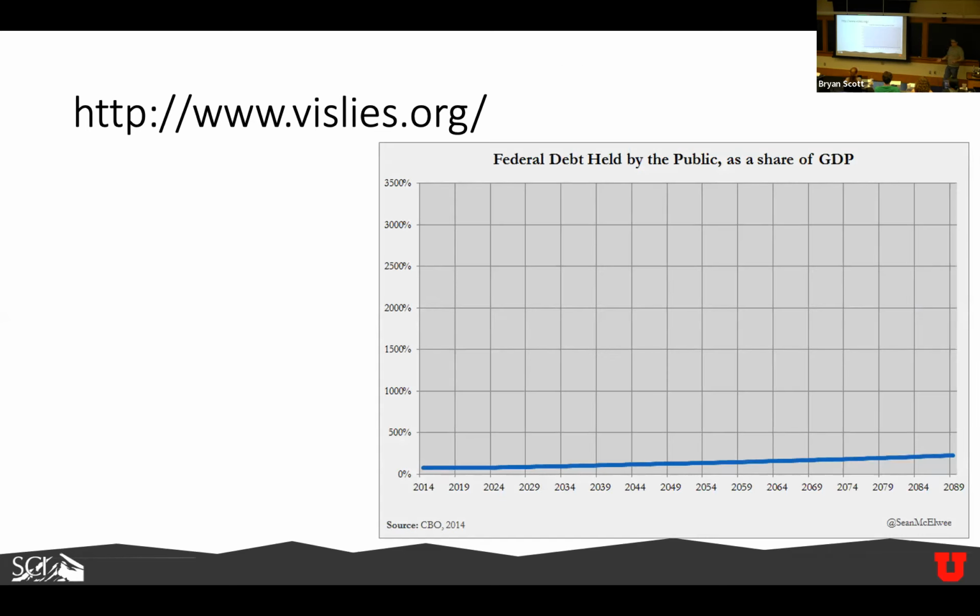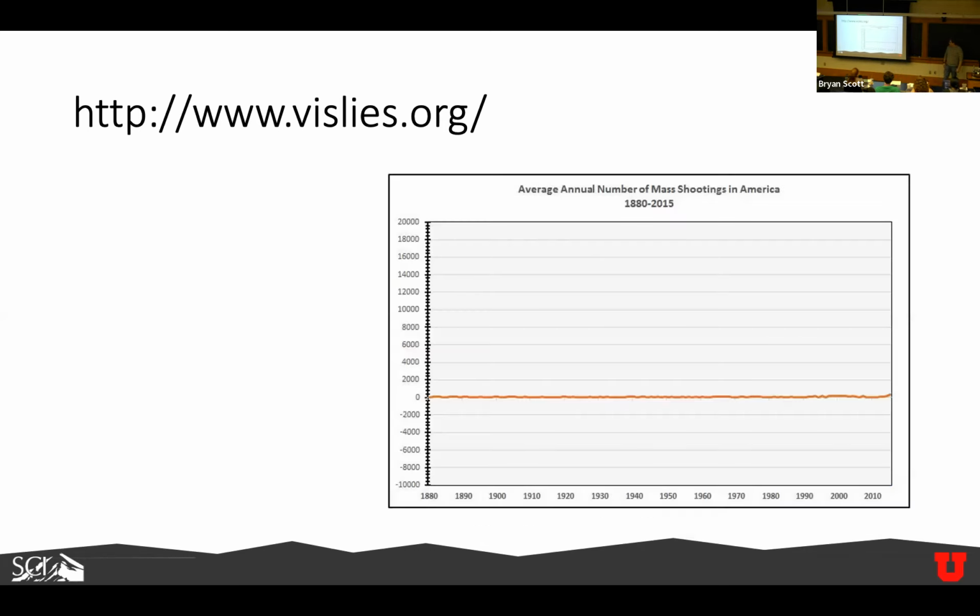People are always concerned about federal debt. Doesn't look like a problem to me. Well, they just messed with the scale to make it look like a smaller problem than it really is. Mass shootings, something that's always in the news. Very sad, right? Doesn't look like it's a problem here.